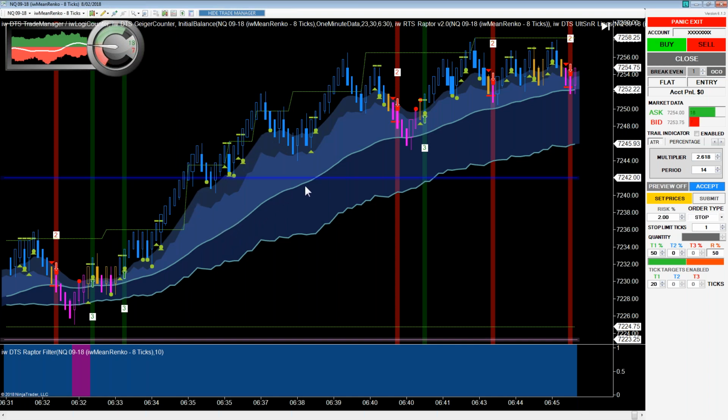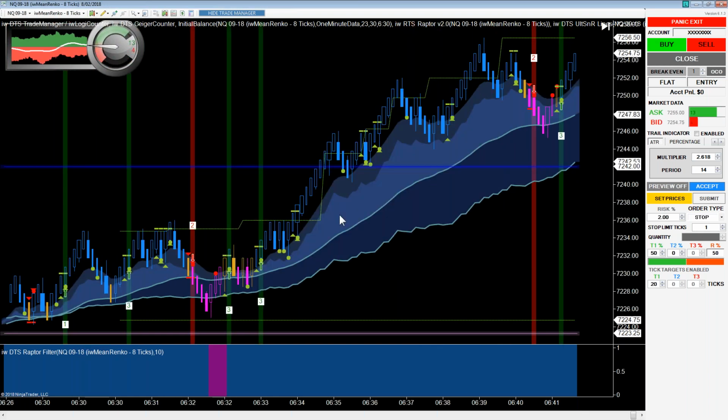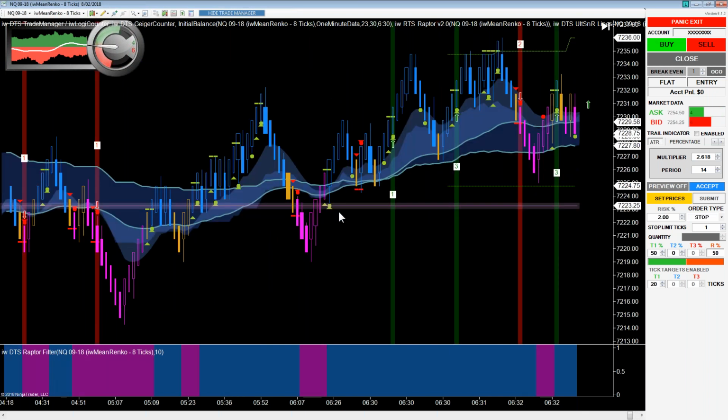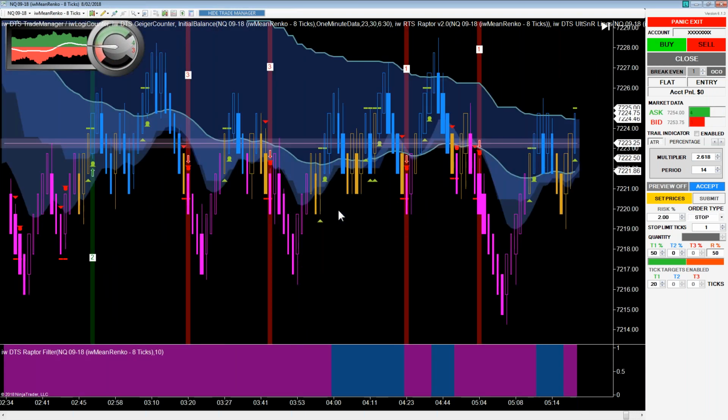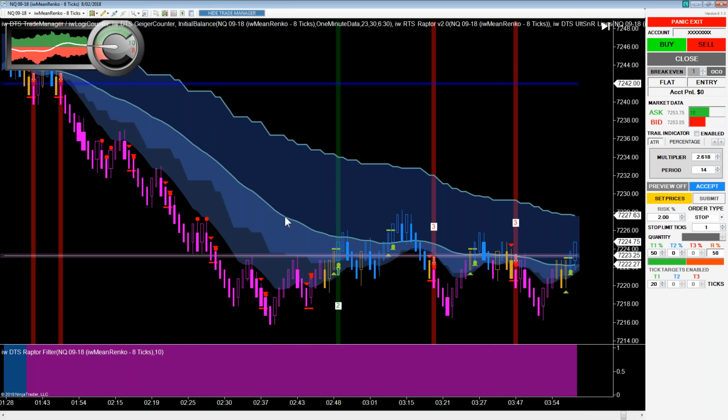This bright edge or edges are what we call the hard edge of the trading cloud. When the cloud is stacked this way with the soft edge above the hard edge, we expect bullishness. We're looking for buy signals. When the soft edge is below the hard edge, we anticipate sell signals or selling opportunities. We expect the market to go down.